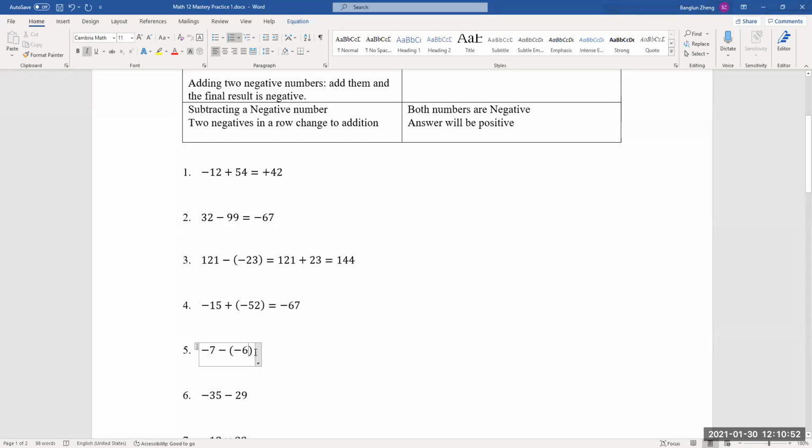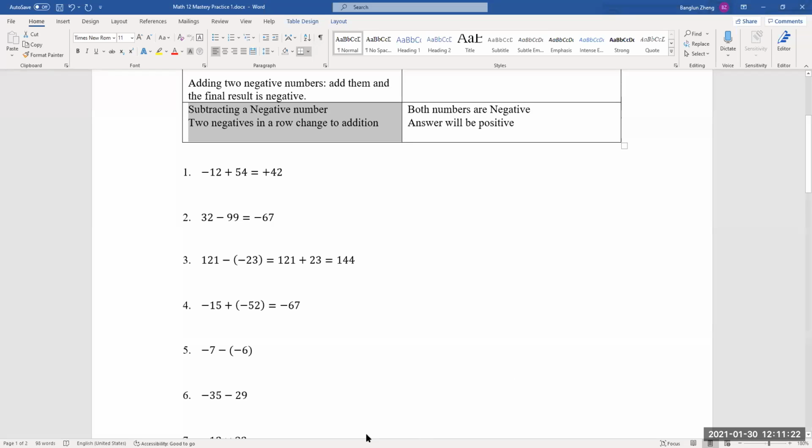Okay. Number 5. This time is even more interesting. We have 3 negative signs. So what do we do here? First, you always do this first. What I highlight here: if you have many negative signs, you should always focus on whether you can change any of the negatives to positives, since they're in a row, next to each other.